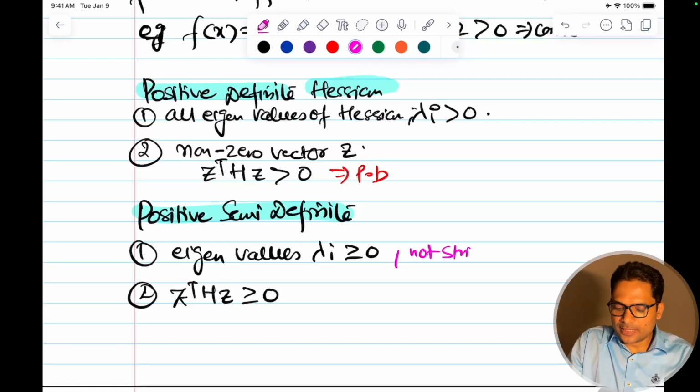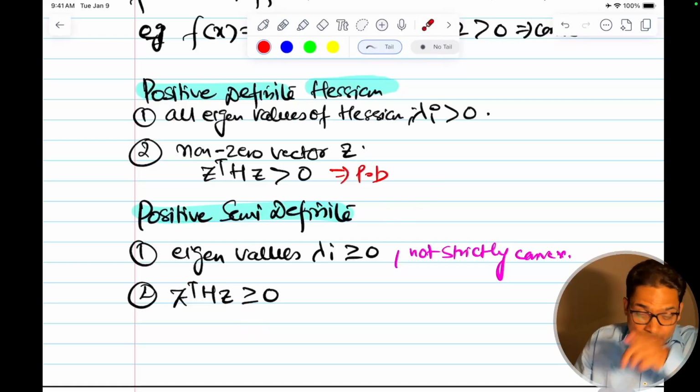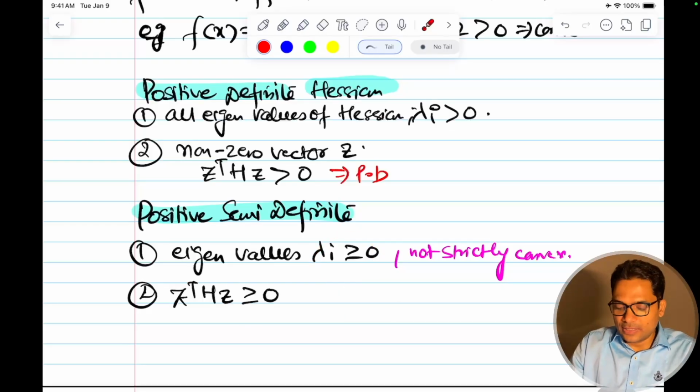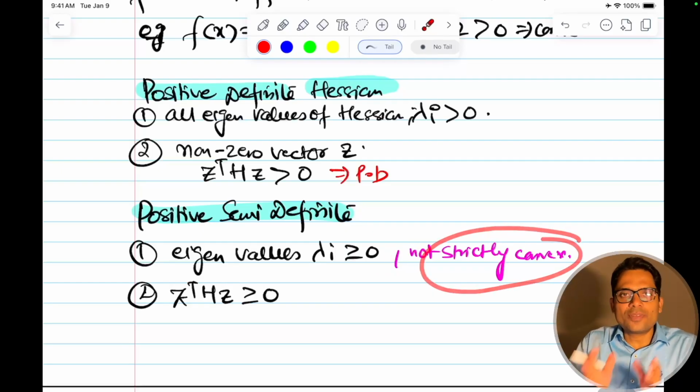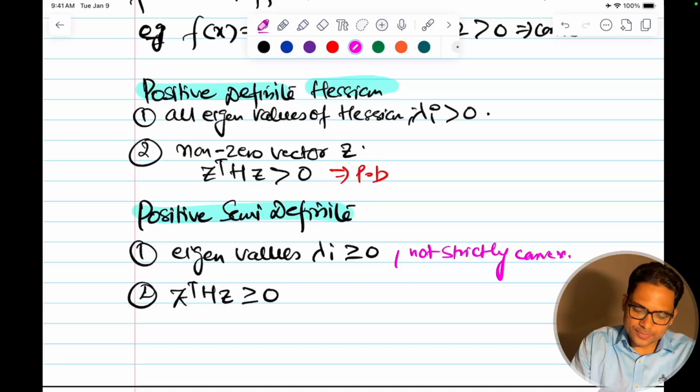Not strictly convex means in some directions it is curving upwards, and wherever the lambda values are 0, they will be flat. So they are not strictly convex in all directions. They can be flat in some directions, and that's okay.